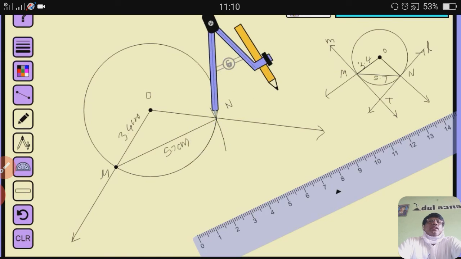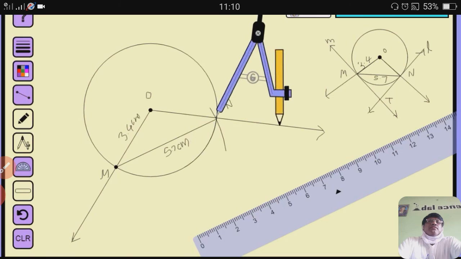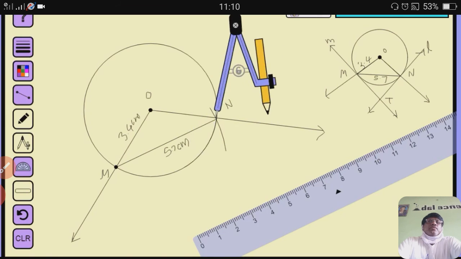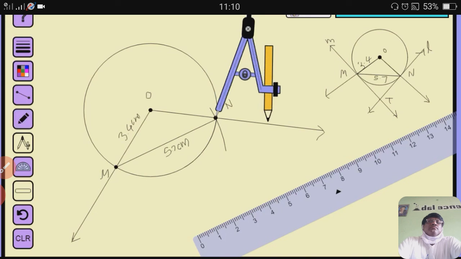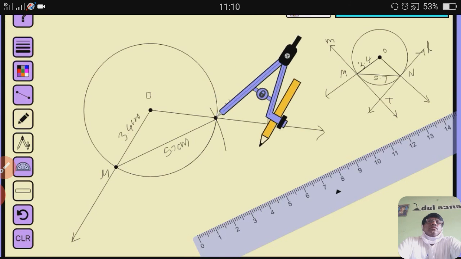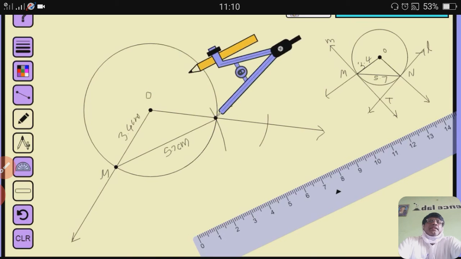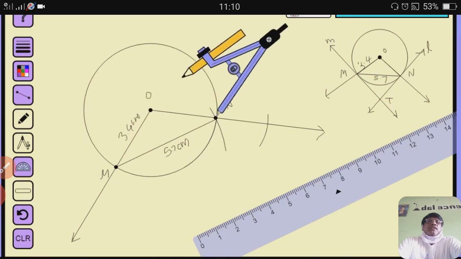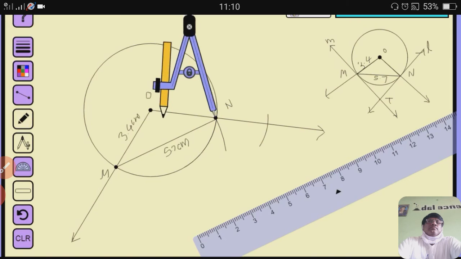Steel point on point N, take any distance between steel point and pencil, and draw arcs on ray ON, in the circle and outside the circle.